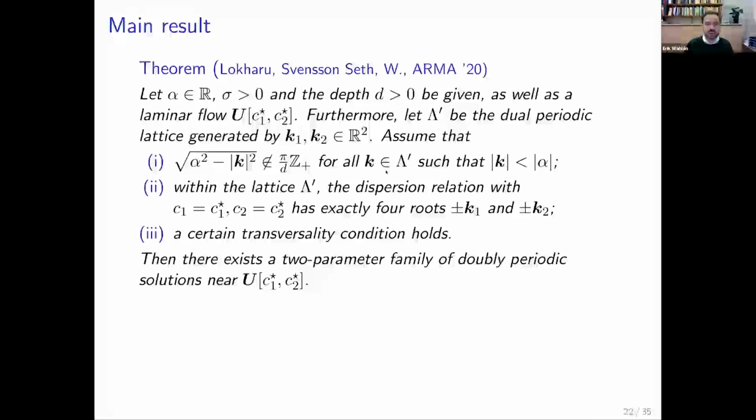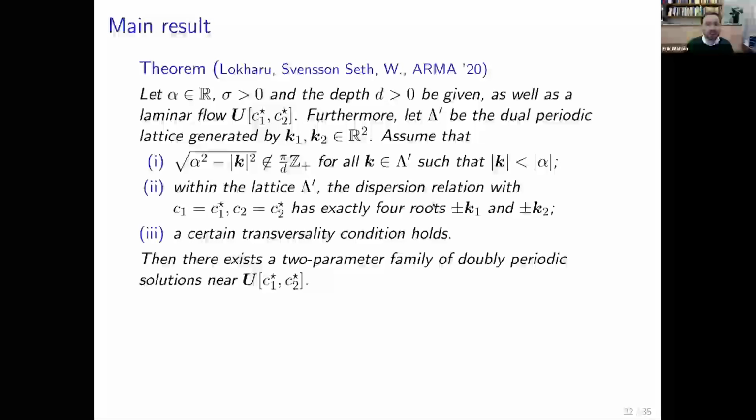So essentially what we need is that the dispersion relation, which I showed you on the previous slide, has exactly 4 roots. So now for fixed C, I think of this as an equation for the wave vectors generating the lattice, so K1 and K2. Okay, so these generate the dual lattice, sorry.